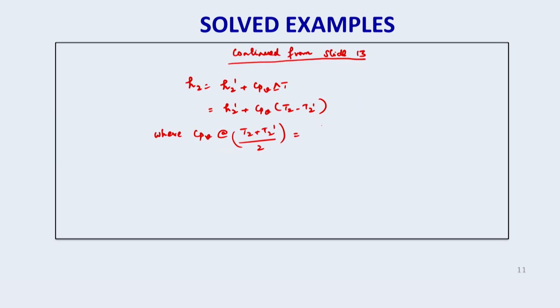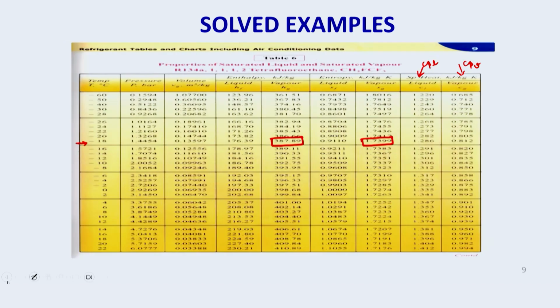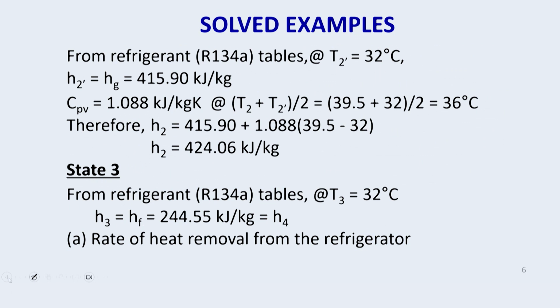T2 is 39.5 degree centigrade and T2 dash is 32, divided by 2. It is approximately 36 degree centigrade. That is the average temperature. Now the Cp value is to be found corresponding to 36.